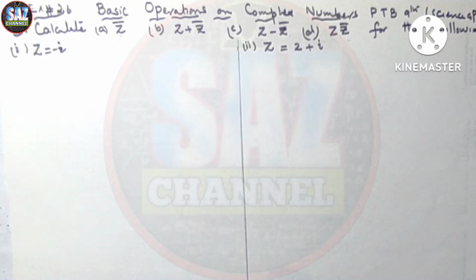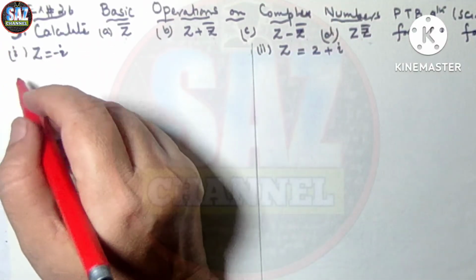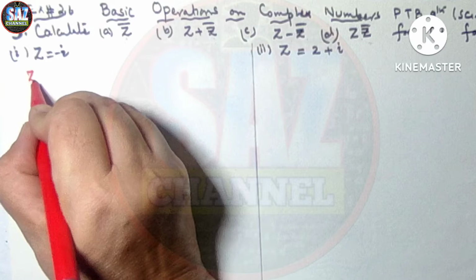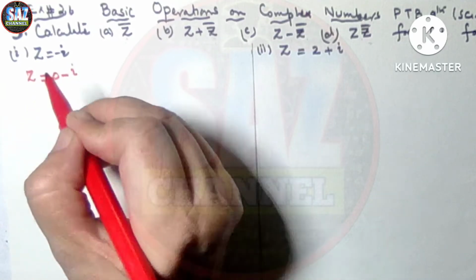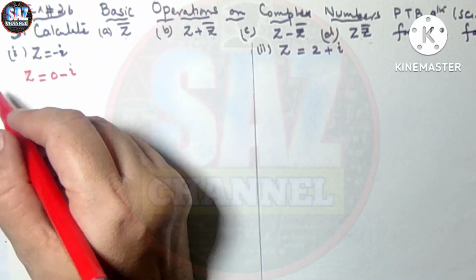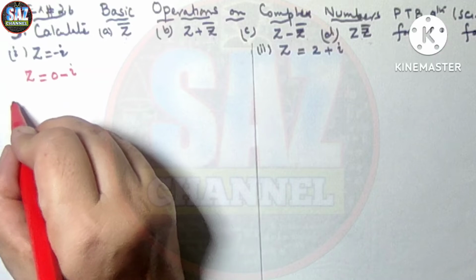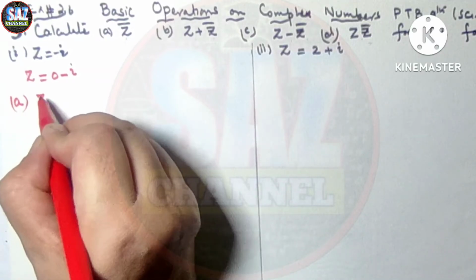So, let us move to the first part of the question, and as the question is not written in standard form, it is better in the beginning to write it in standard form with 0 as the real part. The first requirement, the A part, is that we have to find the conjugate of this.